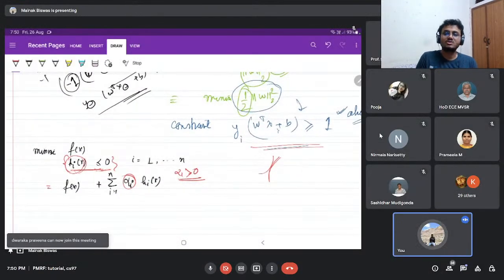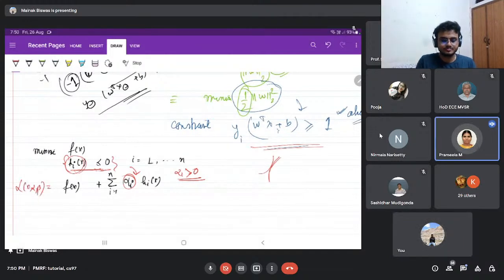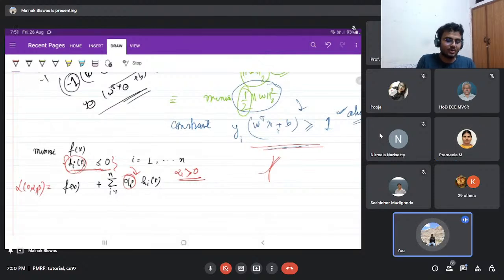To remove the constraint for optimization, for removing the constraints, you add these alpha_i h_i terms. So now there are no constraints, right? This is to get the maximum margin hyperplane. Whatever optimization you want to do, say minimization, without the constraint you want to do a minimization. That's why you introduce this.